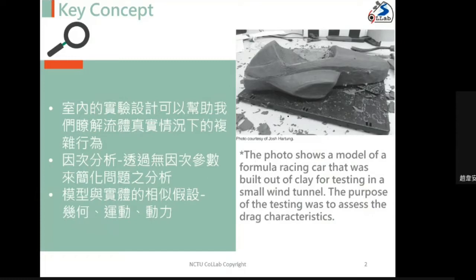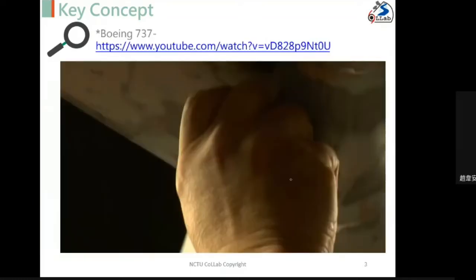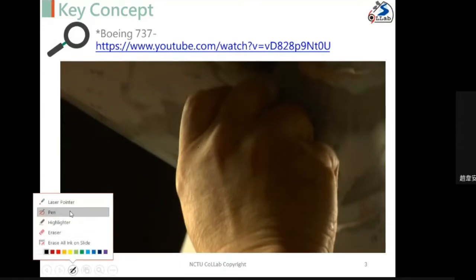The photo shown here is a model of a Formula racing car that was built out of clay for testing in a small wind tunnel. The purpose of the testing was to assess the aerodynamic characteristics. Let's take a look at the movie shown here.